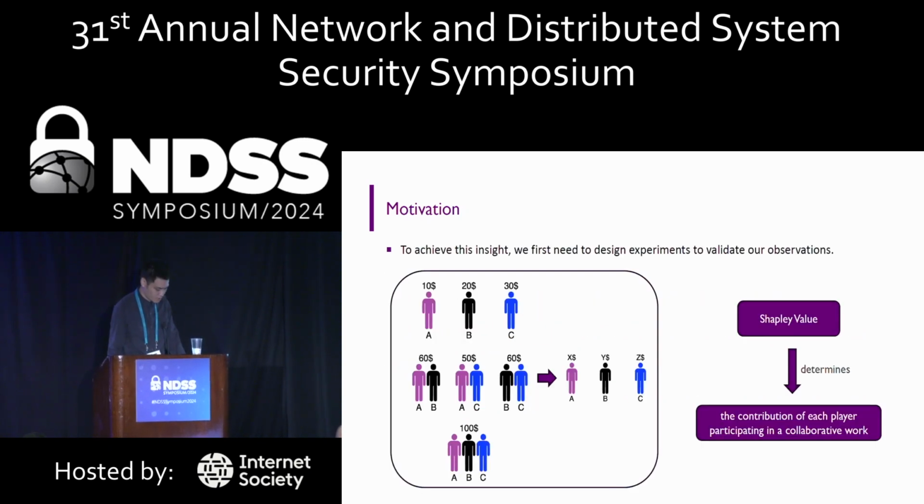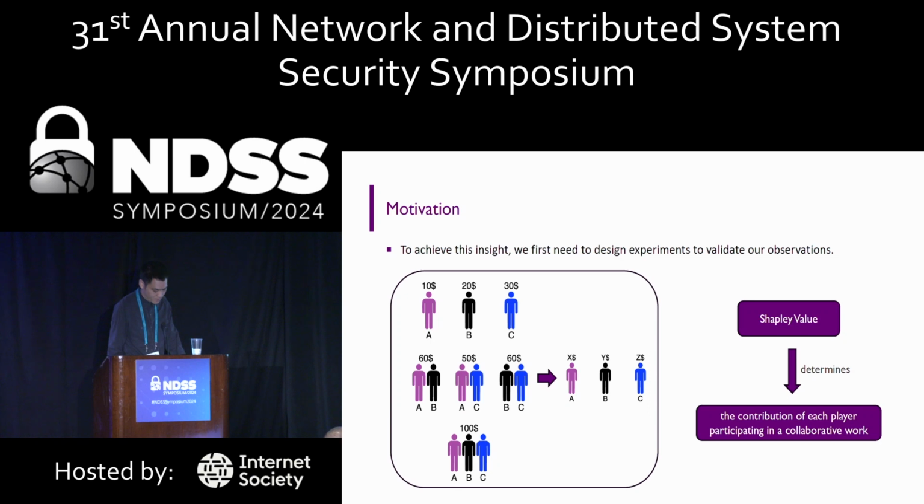To validate this insight, we first need to design an experiment to validate our observation. Before I introduce the following sections, it's important to first understand the background of Shapley analysis. In cooperative game theory, a group of players come together to play a game and achieve a gain. The question arises: how much does each player contribute to the group?